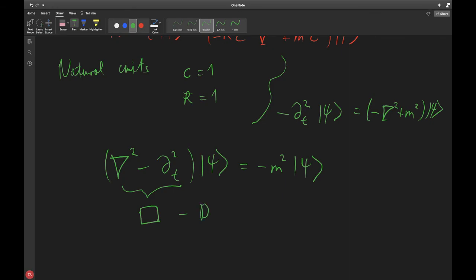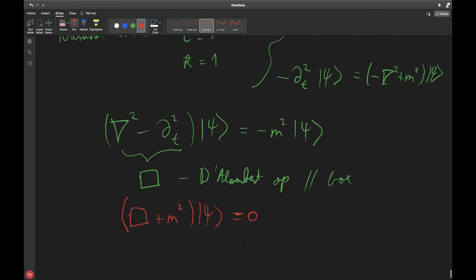So box was the D'Alembert operator, also called the box operator. So then box plus m squared, I added this to the left side, box plus m squared acting on the psi state is 0.